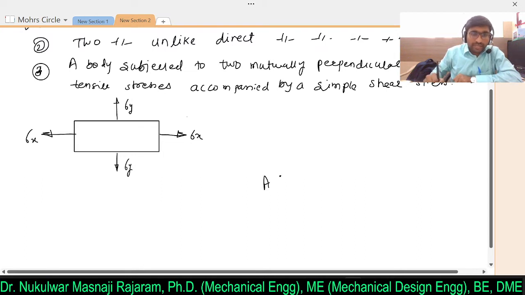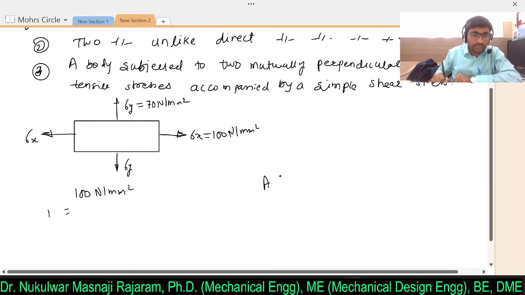First I will consider a point. Whatever the magnitude, let's say sigma x is 100 Newton per mm square and sigma y is 70 Newton per mm square. Now convert these values to a suitable scale.